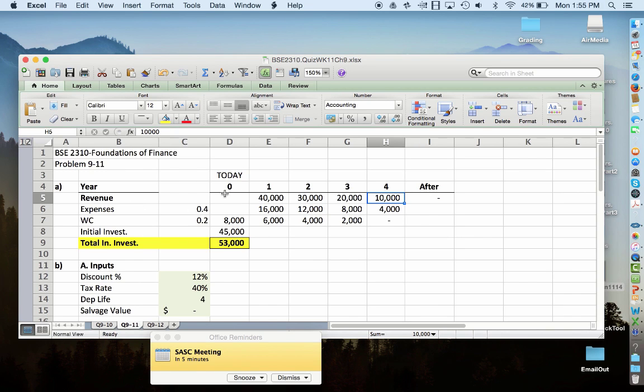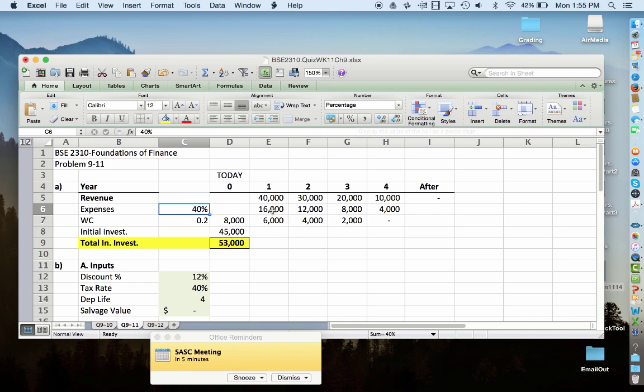Now I'm going to do the expenses. It tells me that expenses are expected to be 40% of revenue. So what I would do is take revenue each year and multiply it by 40%. That number right there, 40%. So I have a formula: 40% times $40,000 gives me 16,000.